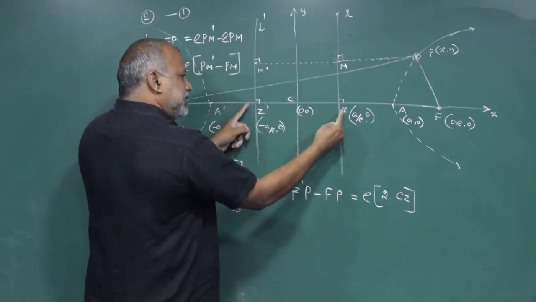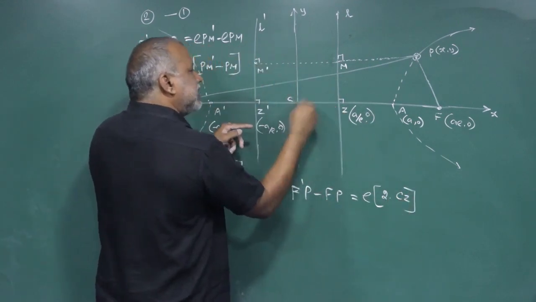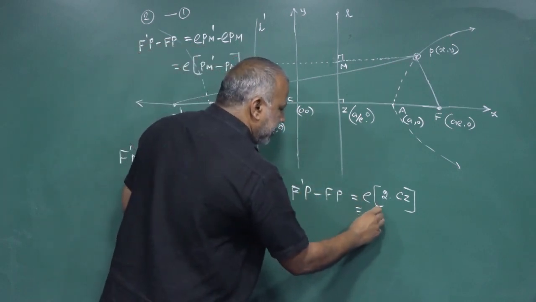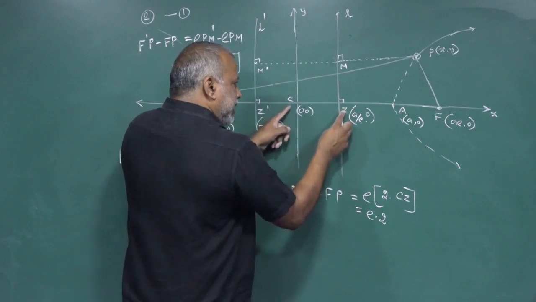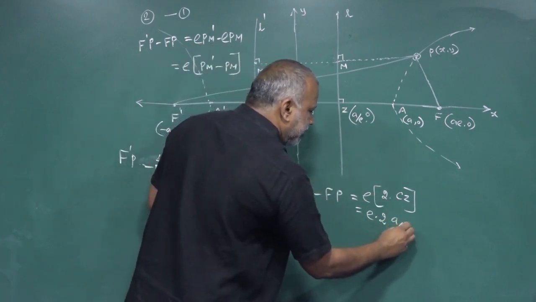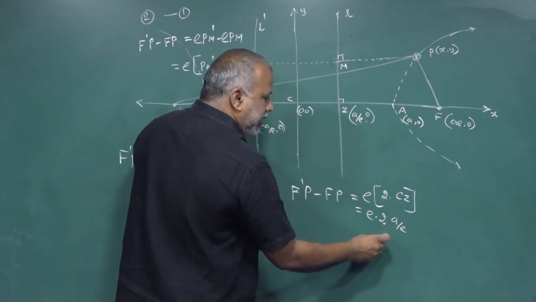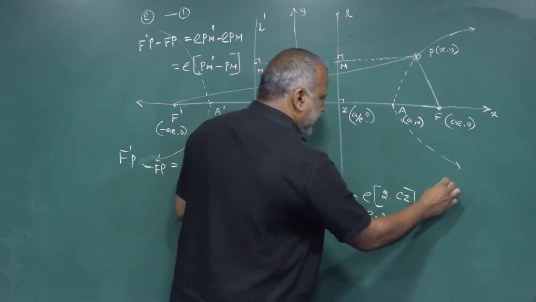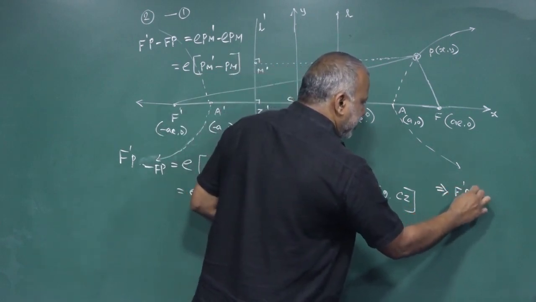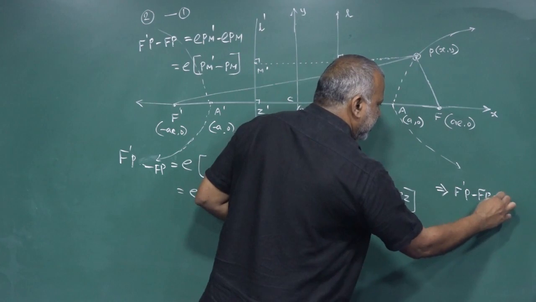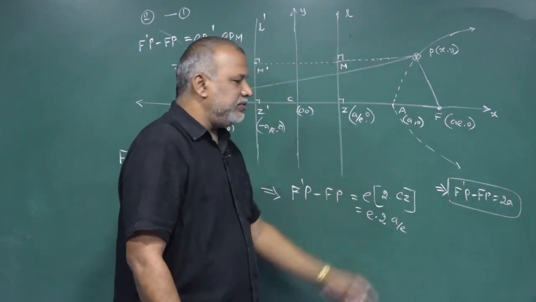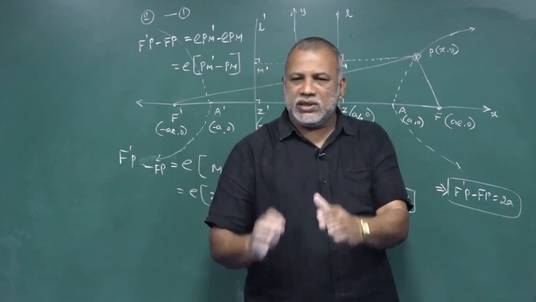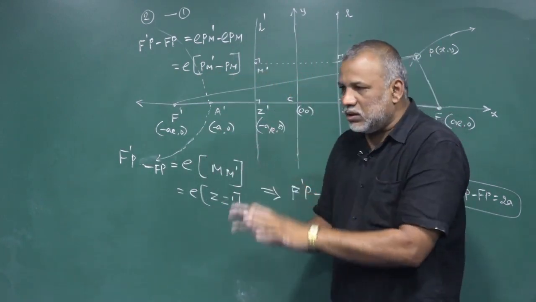E is already constant, 2 is already constant, and CZ equals A divided by E. This E will be removed. Therefore, we can say F dash P minus FP equals 2A. So E will be removed, and we get 2A.